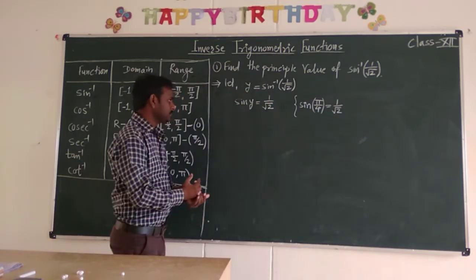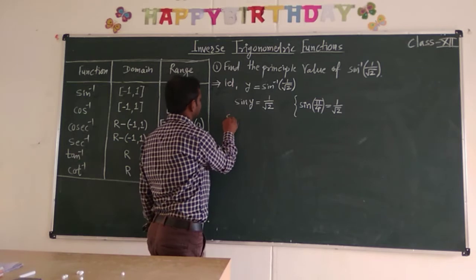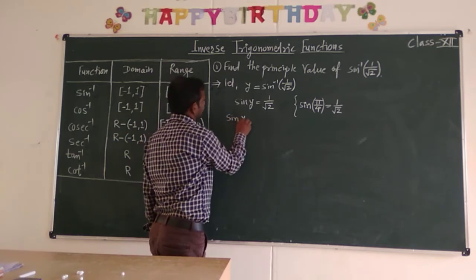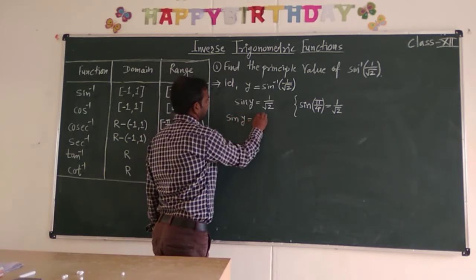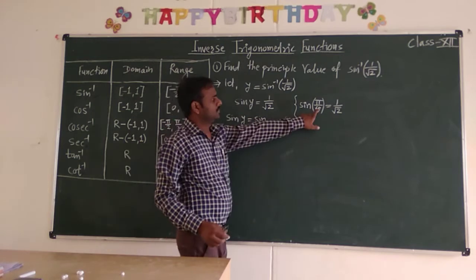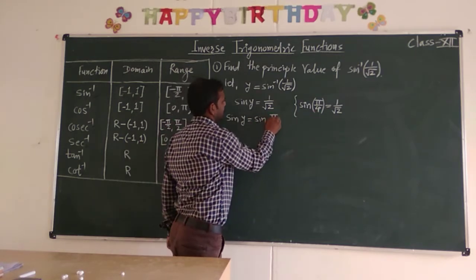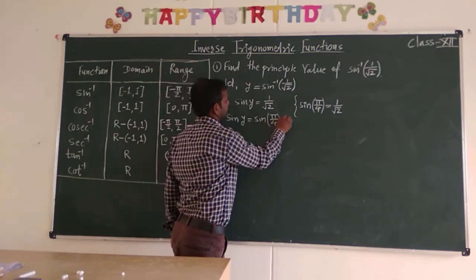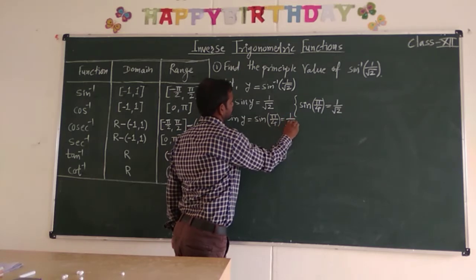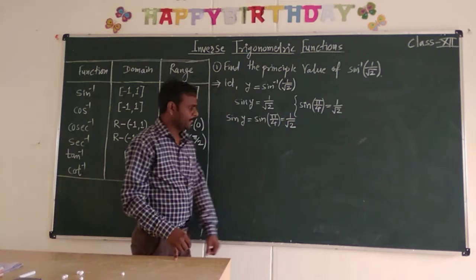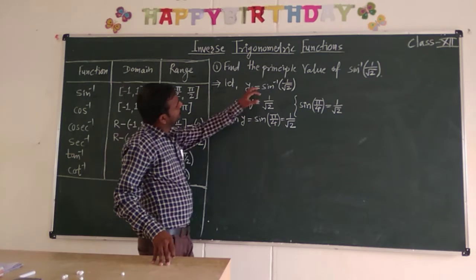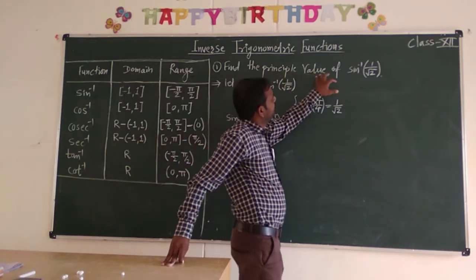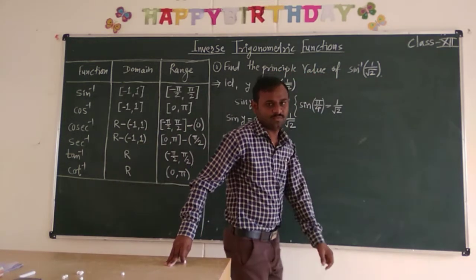Okay. So we write here sin y equal to sin pi by 4, equal to 1 upon root 2. Okay. So we have to find the principal value of sin inverse 1 upon root 2.